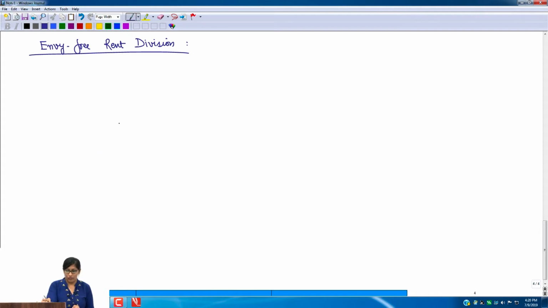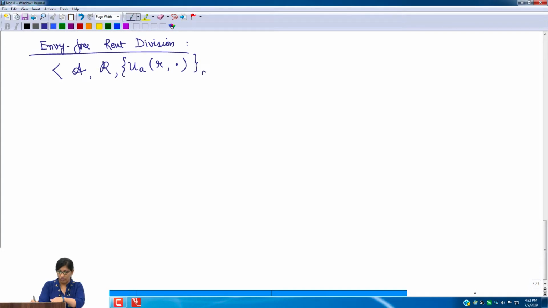So again, a rent division instance is: you have a set of agents, you have a set of rooms, and then you have utility functions. For each agent A, you have a utility function for each room at every possible price.